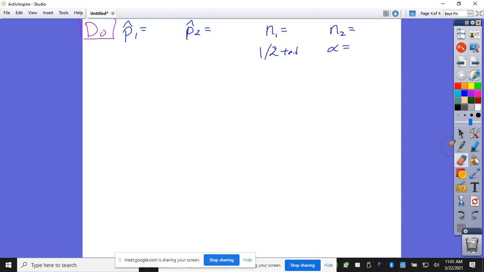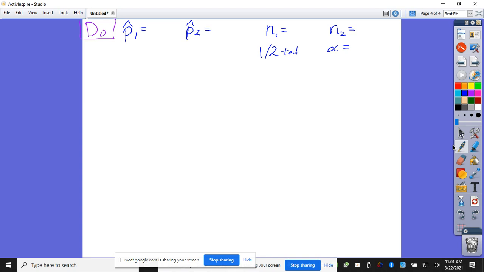There's one other thing that goes in this section. Our claim, our null hypothesis, is that the two proportions are what? Are the same. So we have to actually use that in our tests. Did we make that claim with interval?